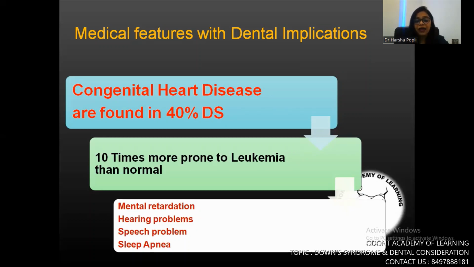Most commonly the IQ level in Down syndrome is almost 50. Also, they have hearing problems. Speech problem is again an issue. As I told you, macroglossia and improper placement of the tongue cause many other problems too. Sleep apnea is also found in many cases.